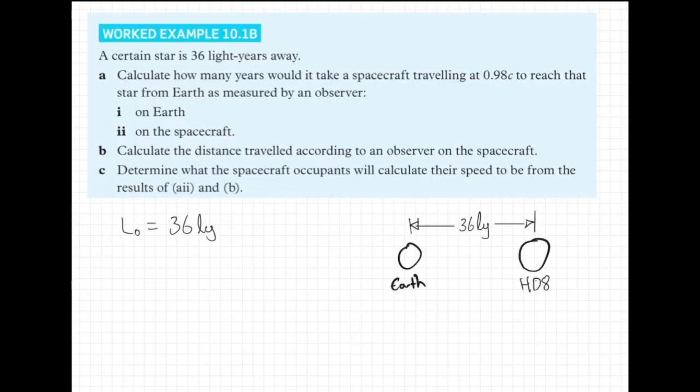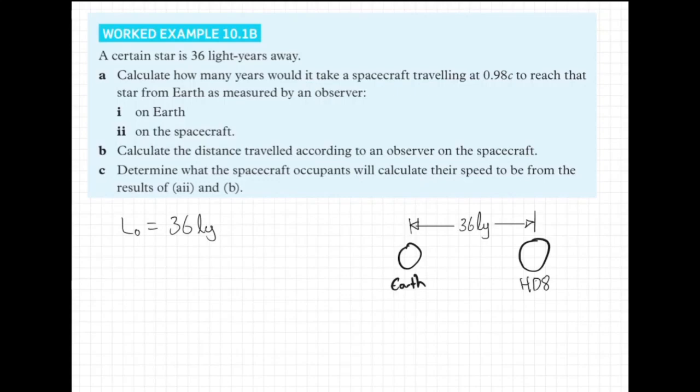You can convert that to meters, because a light year is the speed of light times a year, which you can then convert to seconds, and the seconds cancel out with the speed of light, meters per second, and you end up with just meters. So you can do that. We're not going to bother. We're going to leave it as light years because the units end up canceling out nice and easy. Maybe we'll do that as an exercise one day, but we'll leave it for now.